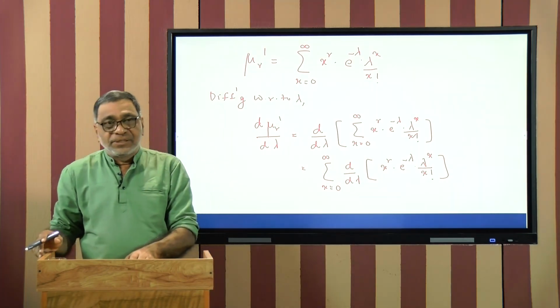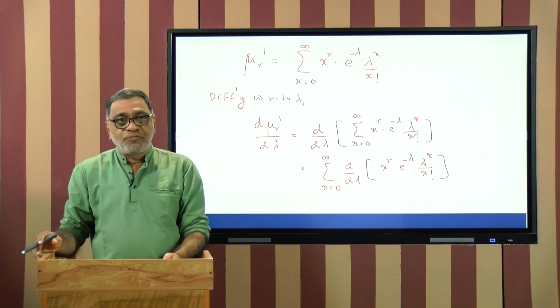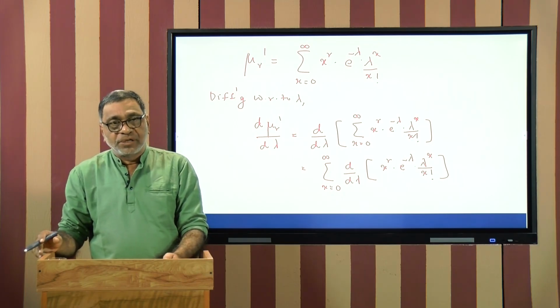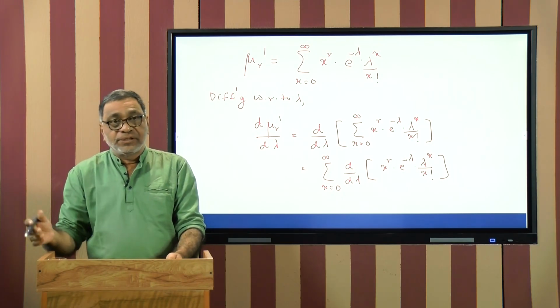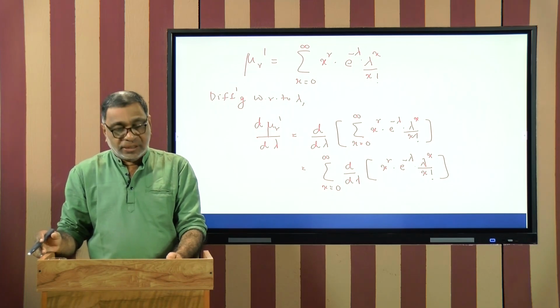So, after getting this expression for the derivative of mu r dash with respect to lambda, we are finding the derivative of the expression on the right side.